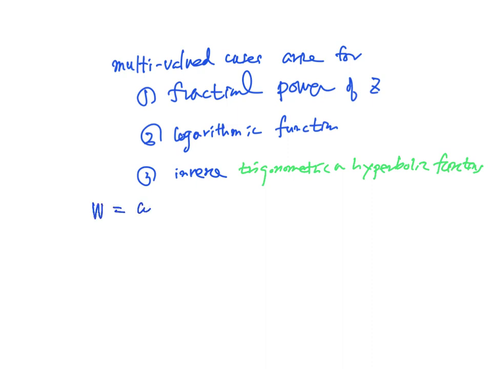w is the cosine inverse function, or arc cosine. Sometimes you use arc cosine.